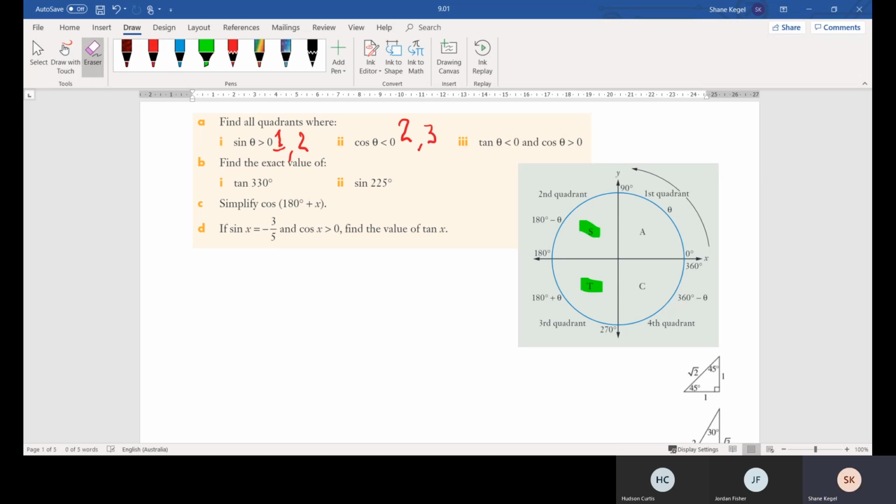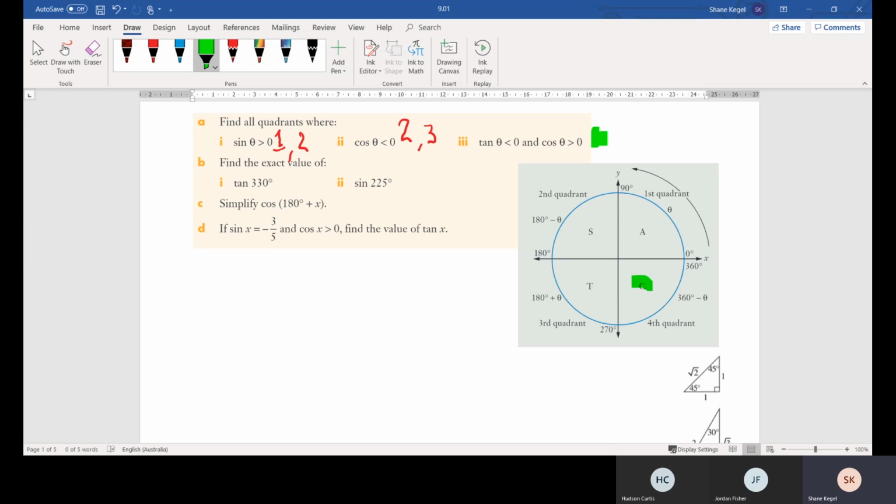Okay, next question. Where is tan less than 0 and cos positive? So tan is negative in C and S, but cos has to be positive, so we have to take the C only, because in S only sine is positive, but we need cos to be positive.